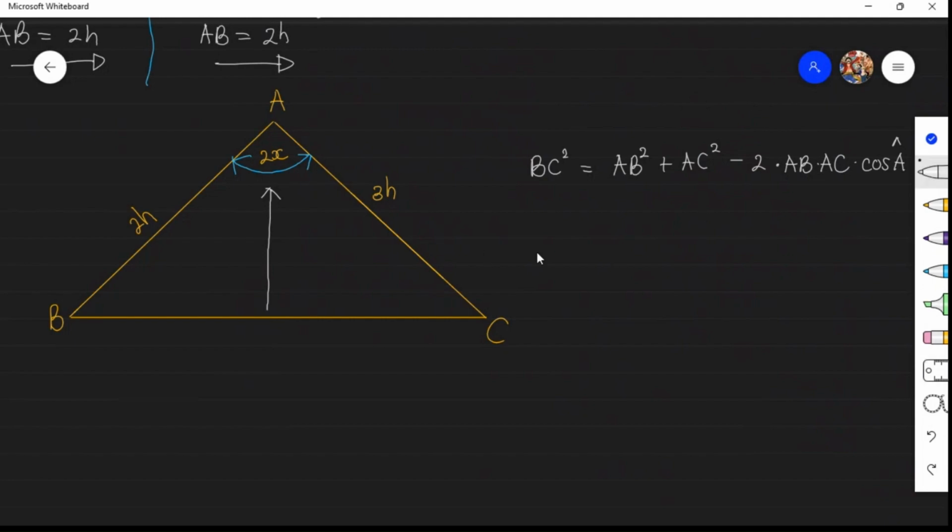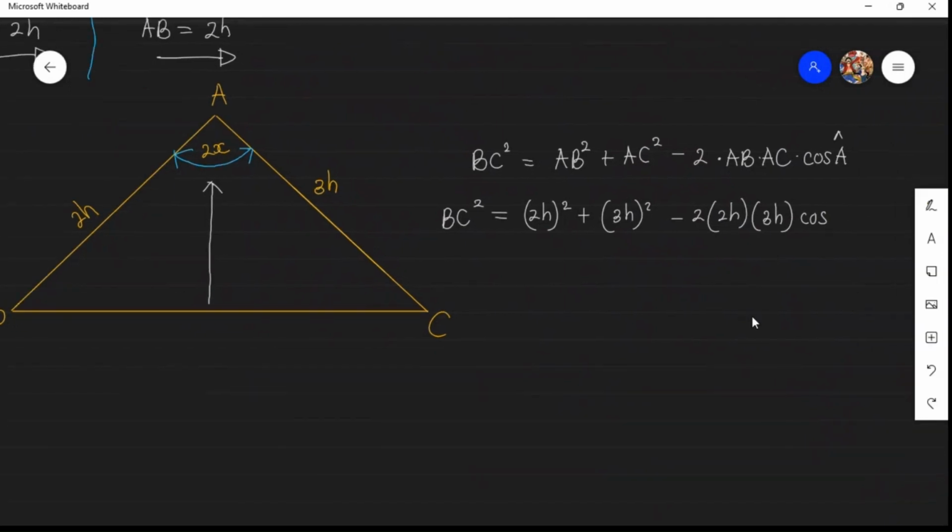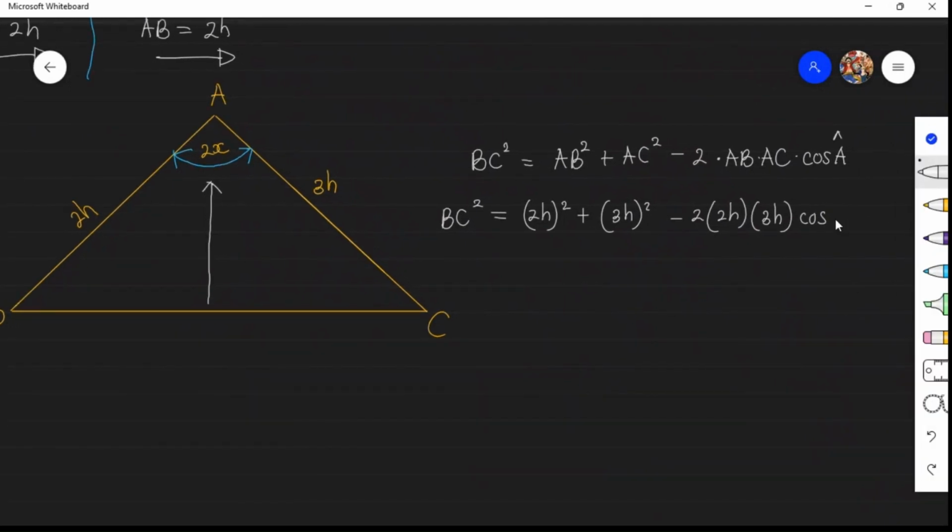From here, all we need to do is substitute. BC remains unknown. AB is 2h all squared, plus AC, which is 3h all squared, minus 2 times AB, which is 2h, times AC, which is 3h, times cos of our angle. Keep in mind our angle is 2x.